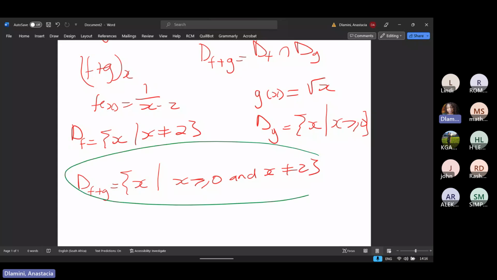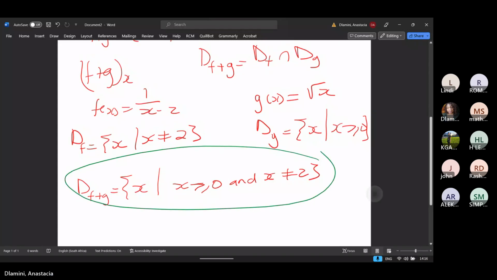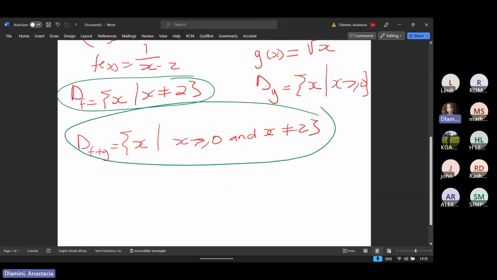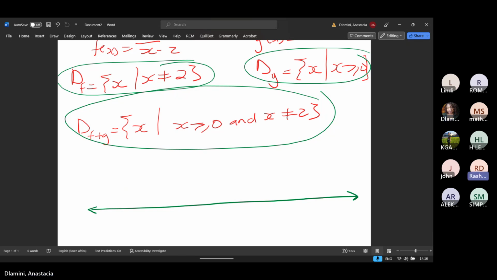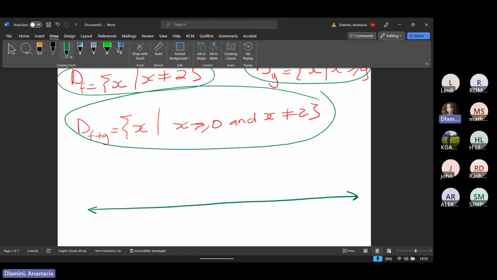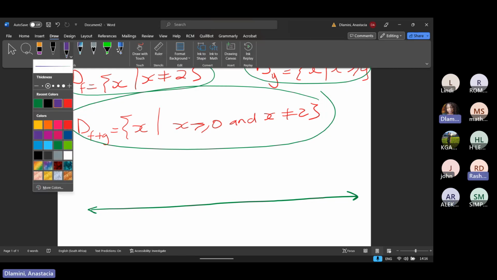So before we get here, I want you to look at this domain. So you draw your number line. Those who attended the previous session, are you sorted with the number line, how we were doing it? Yes, ma'am. Good.